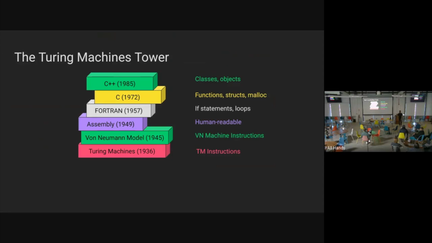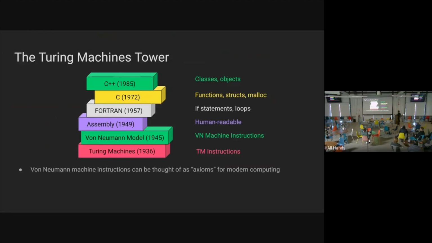It's not as much attribution as it is, relatively speaking, when these ideas popped up into existence. But just like Peano's Axiom Towers, where you have irrational numbers up at the top, classes and objects are really just defined in relation to von Neumann instructions. Everything boils down to those things.